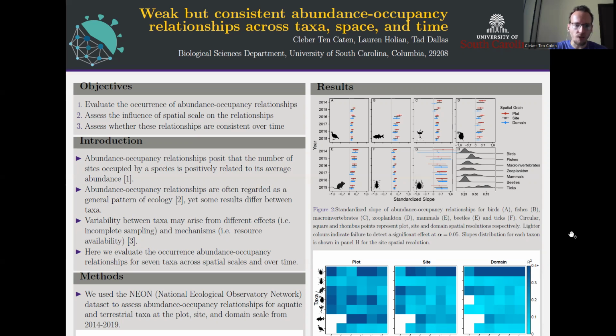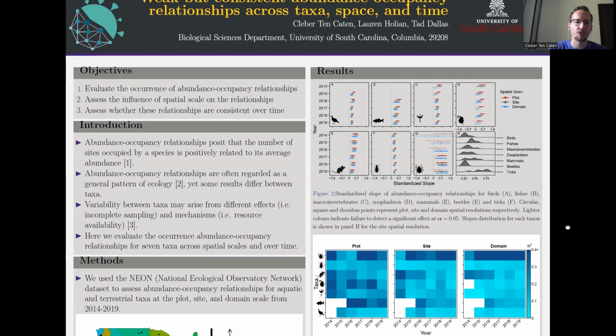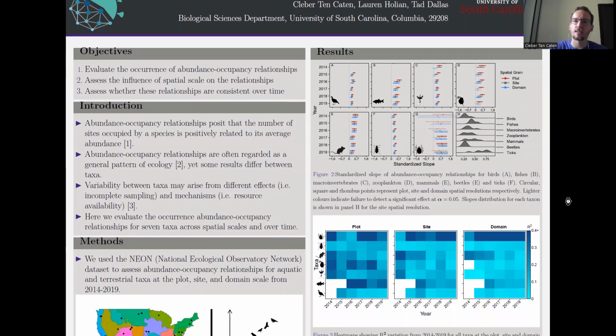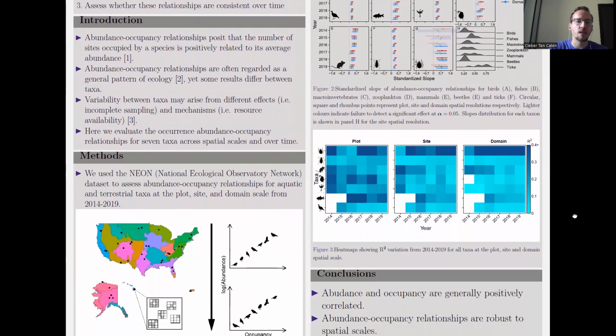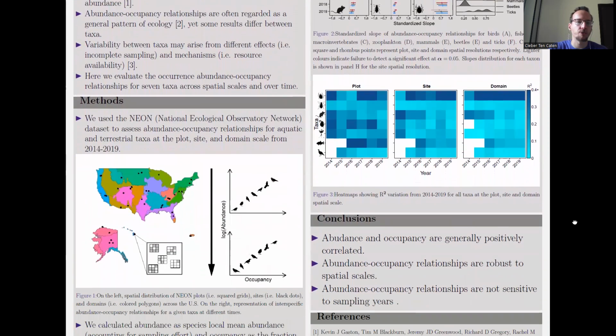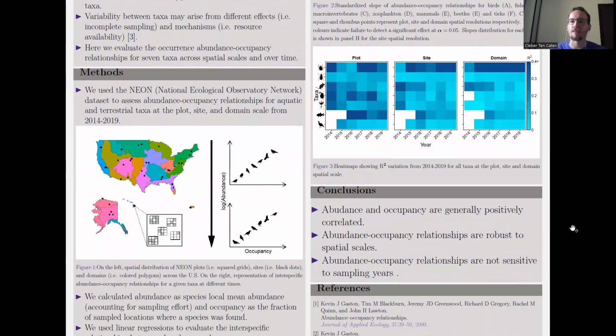Here, we use the National Ecological Observatory Network data to evaluate the occurrence of abundance and occupancy relationships for four terrestrial taxa, small mammals, birds, beetles, and ticks, and three aquatic taxa, macroinvertebrates, zooplankton, and fishes.